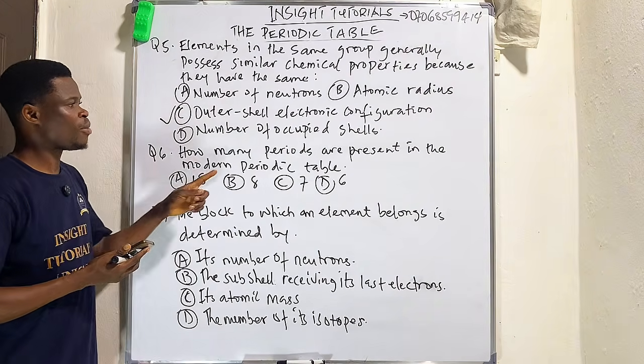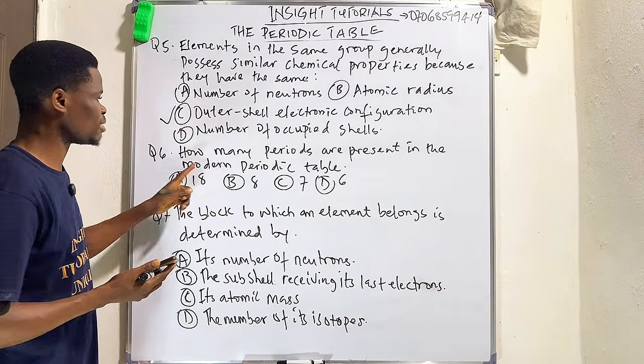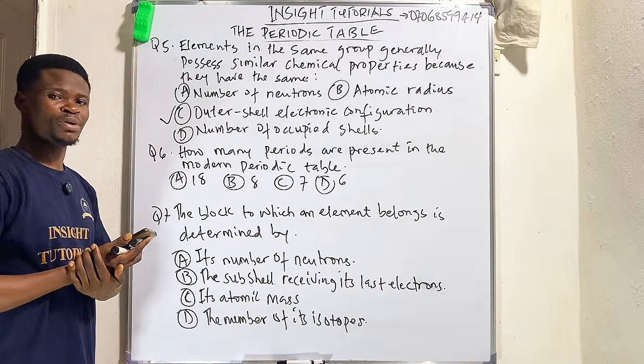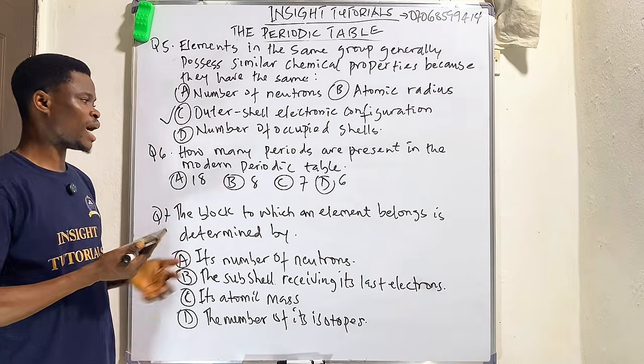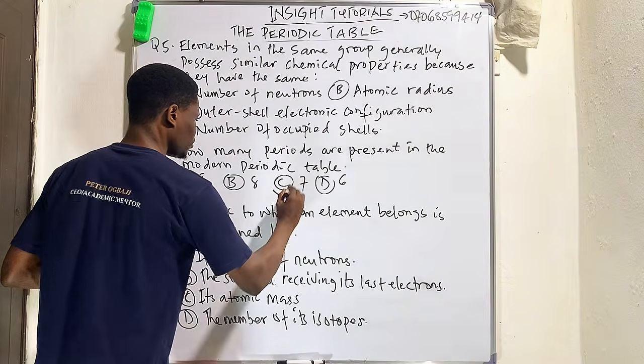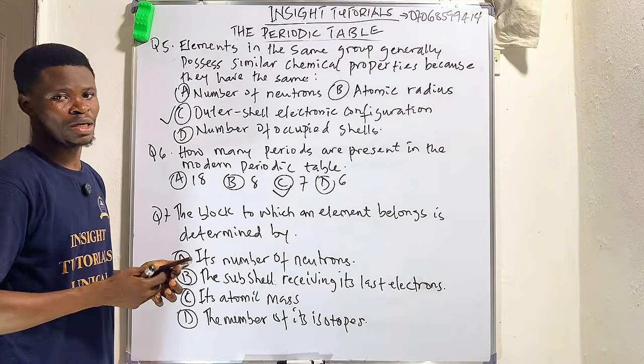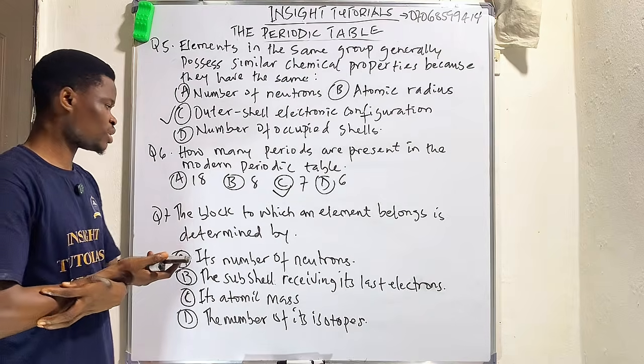Question 6 says, how many periods are present in the modern periodic table? The number of periods present in the modern periodic table is 7. 18 here talks about the number of groups present in the periodic table.